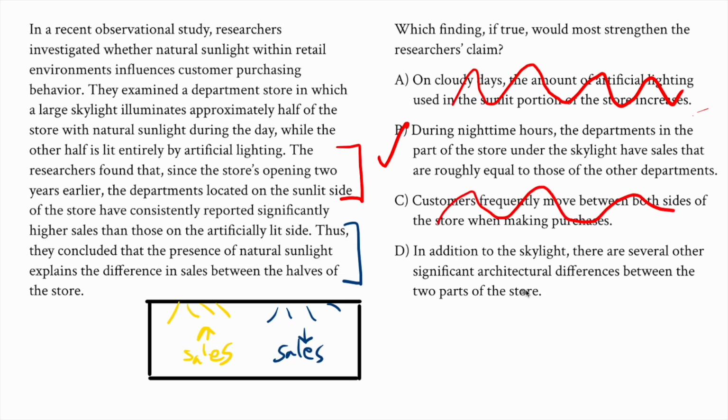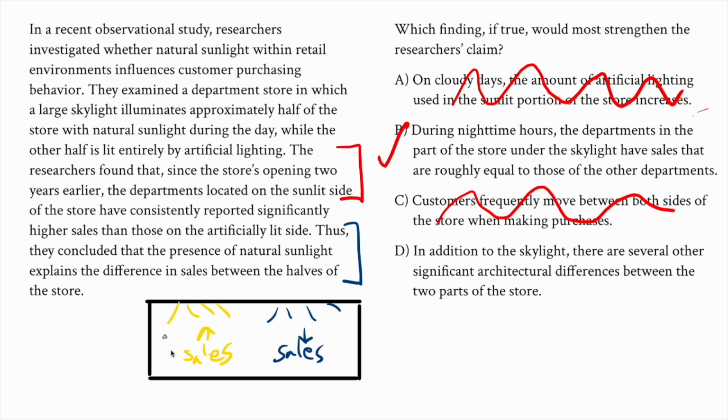And then D, in addition to the skylight, there are several other significant architectural differences between the two parts of the store. Okay, so this would be a potential alternative explanation. It's basically saying that, well, we can't necessarily attribute the difference to the skylight because we have some other differences, not specified in the answer choice, that could also be contributing to it.